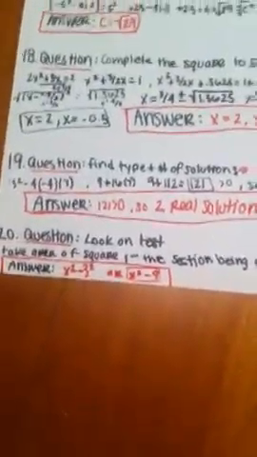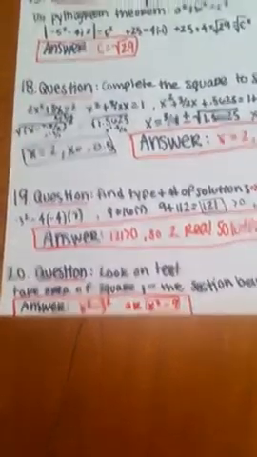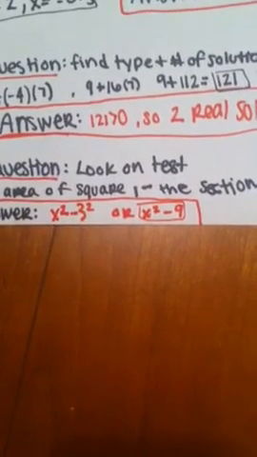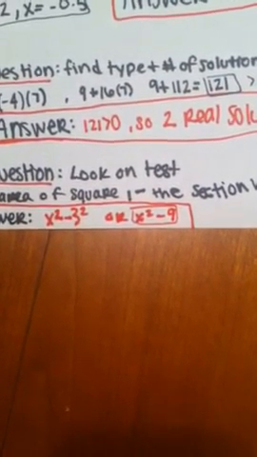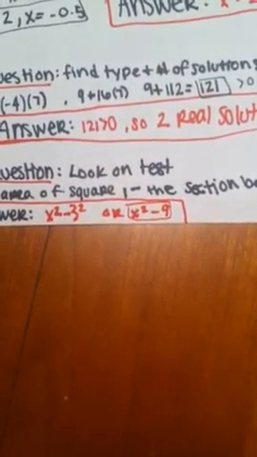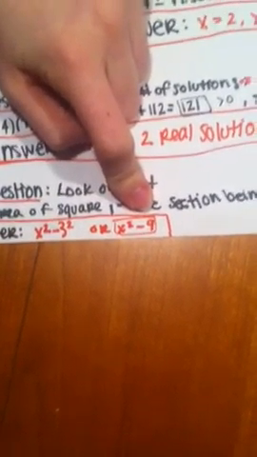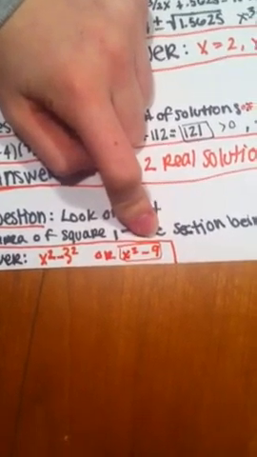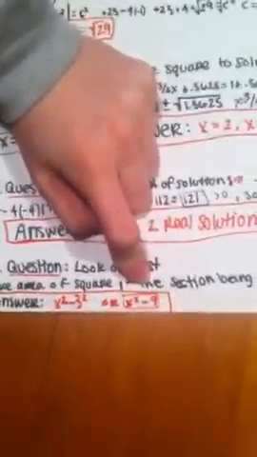So you want to take x squared, because that's the length of a side, minus 3 squared, which is the area of the part being cut out. So x squared minus 3 squared, that's your equation, or x squared minus 9. So that would be how you found the new area of the square. And those are my test 6 corrections.